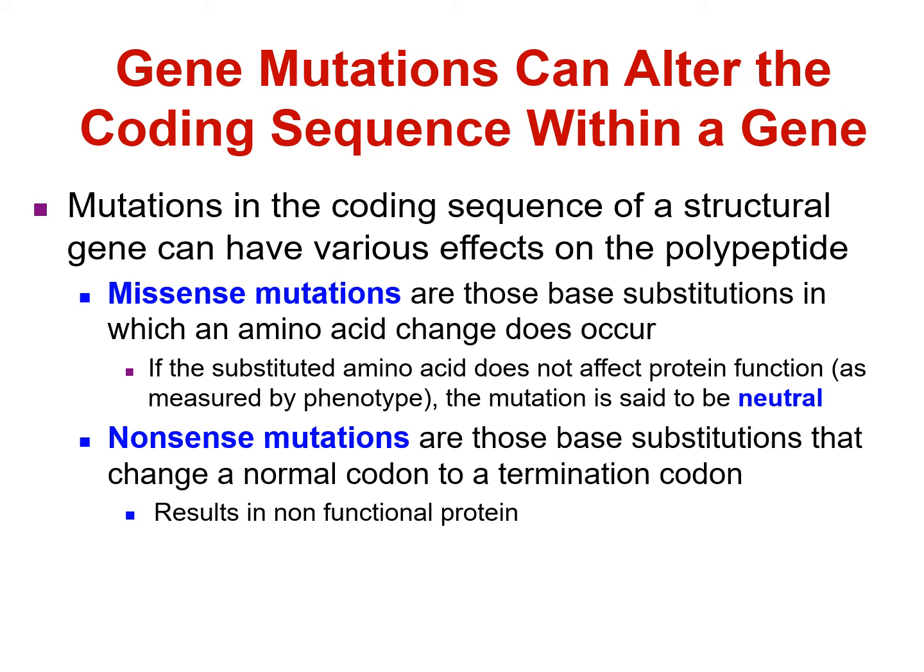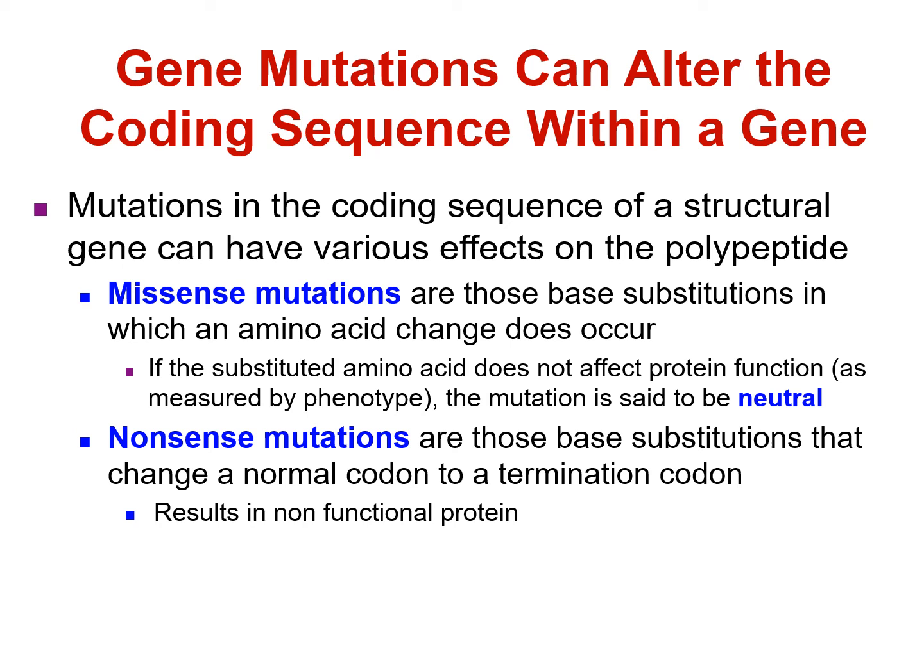A missense mutation can do one of these: it can create a faulty non-functional protein or a less functional protein, or it can produce a protein that functions in a different manner, or it can cause no significant alteration in protein function. If the substituted amino acid does not affect protein function, as measured by phenotype, the mutation is said to be neutral.